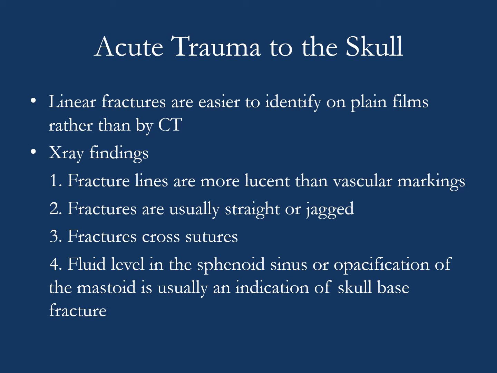Fracture lines are more lucent than vascular markings. Fractures are usually straight or jagged. Fractures cross sutures. And if you see a fluid level in the sphenoid sinus or opacification of the mastoid, be careful to look for skull base fracture.